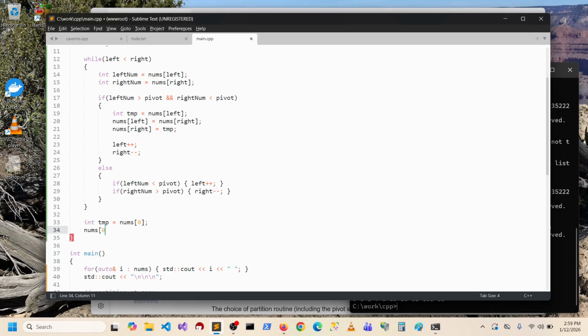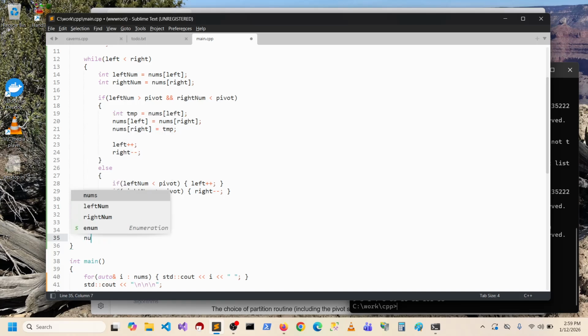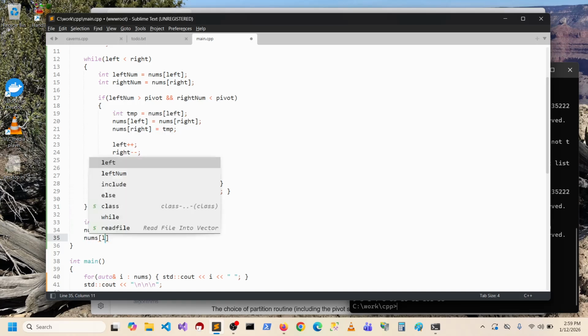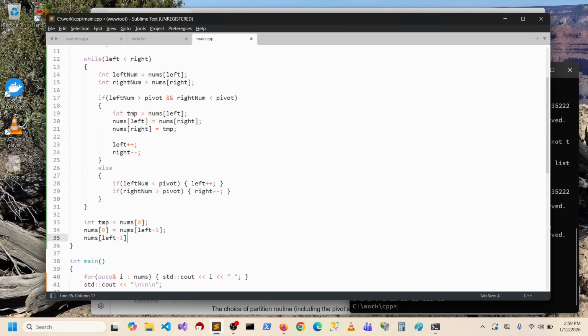So then num0, got confused for a minute, equals nums left. And then nums left minus 1 equals temp.